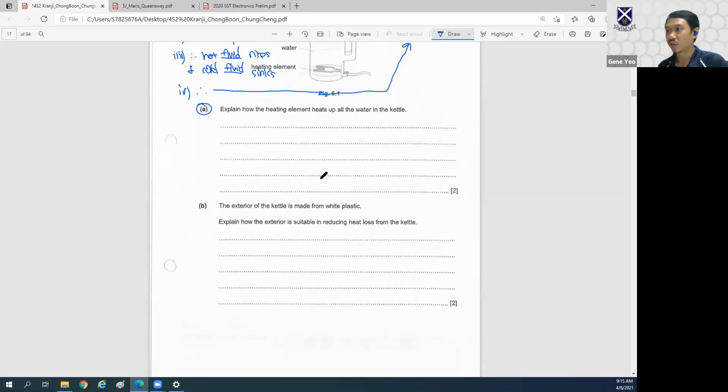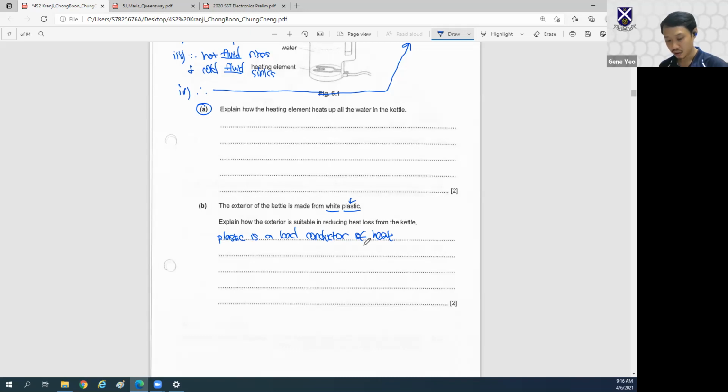Okay. Next, white plastic. So there are two things over here going on. There's white color and there's plastic. Okay. So they're saying that white plastic prevents heat loss. Okay, it reduces heat loss. So how does it prevent heat loss? So two things. I'm going to talk about the plastic first. Okay, plastic is a bad conductor of heat.